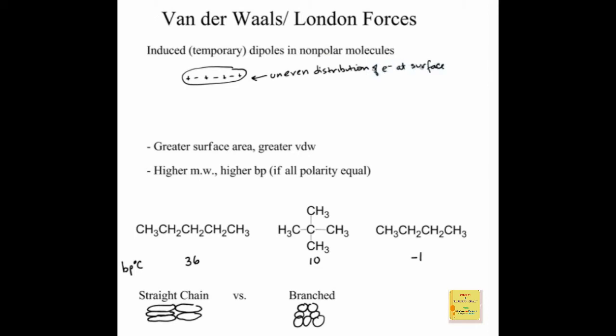They're not perfectly evenly distributed. Maybe we have a slight excess of electron density here, or a slight reduction there. Well, when that happens, if it sees another molecule, it's going to induce the opposite temporary dipole in the neighboring molecule, and we're going to get an attraction there.